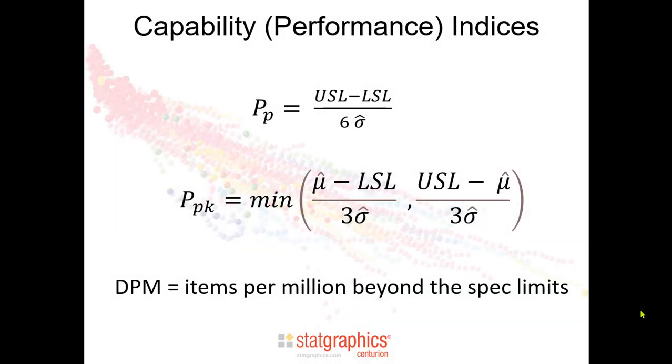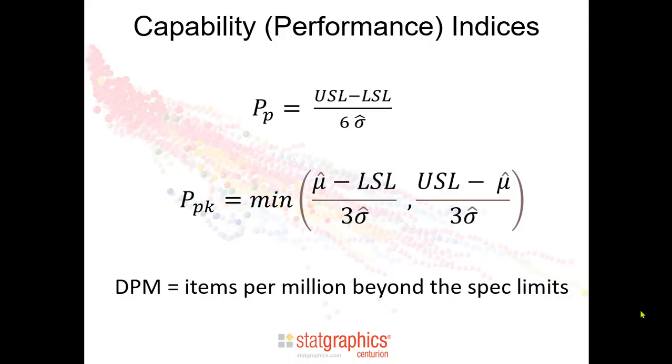In this video, we're going to concentrate on three capability or performance indices. The first index is PP. It is the distance between the upper spec limit and the lower spec limit divided by 6 times the estimated standard deviation of the process. That's a two-sided performance index.